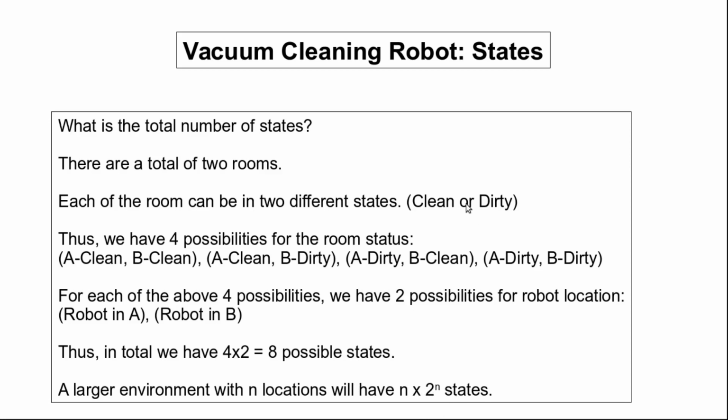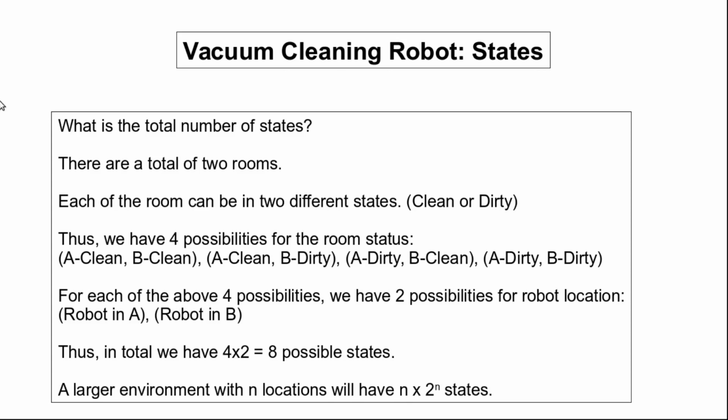Since each room can be in 3 different states, the possibilities for the room status will be 3 to the power n, and the possibilities for the location is n, so the total number of states will be n into 3 to the power n. Anyway, so these are the total number of states possible for the vacuum cleaning robot.